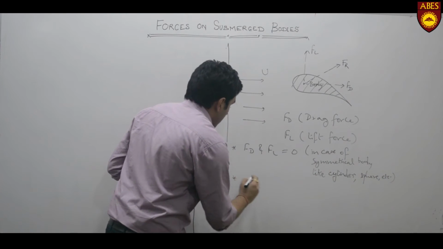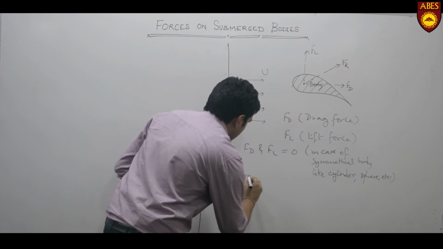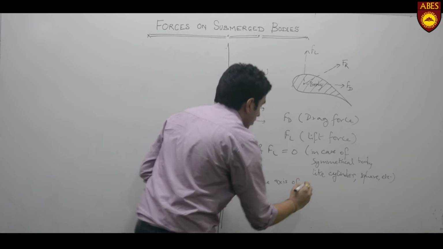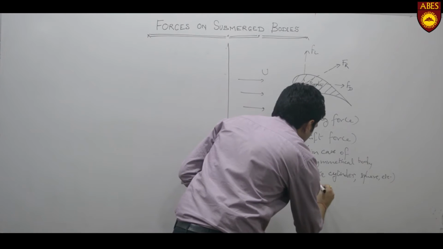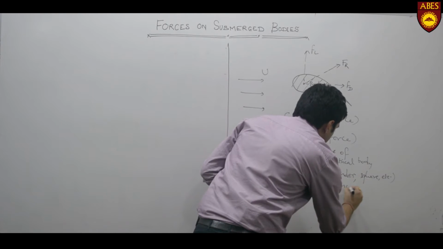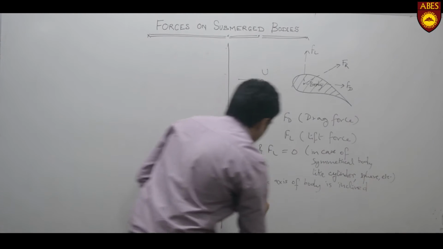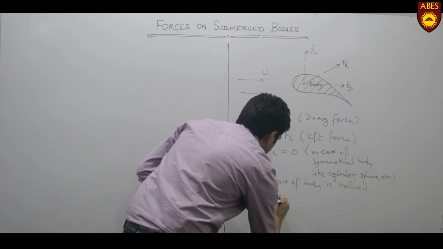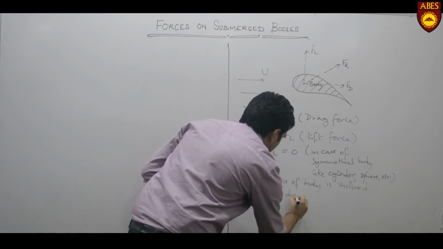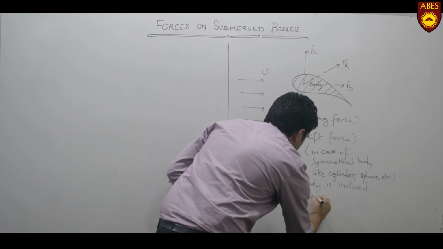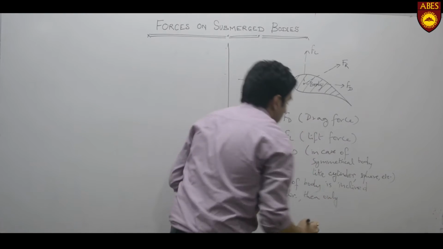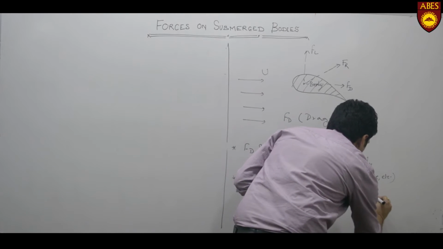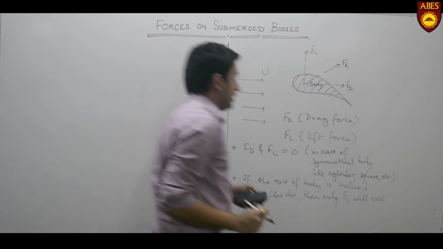Second, if the axis of the body is inclined to the flow direction, then only Fl will exist, otherwise not.